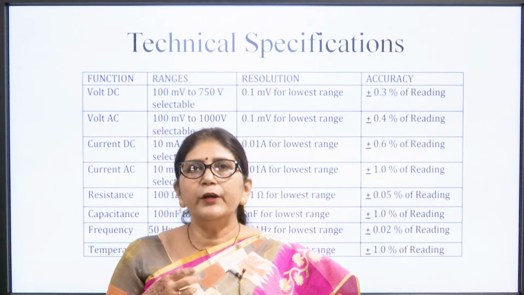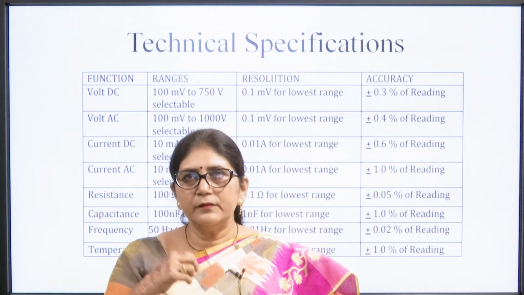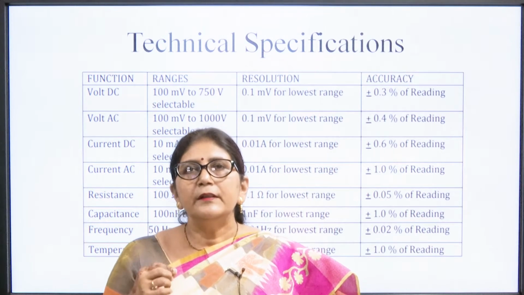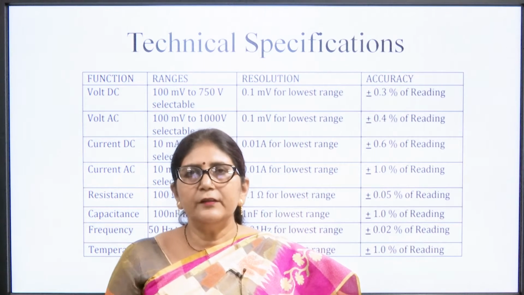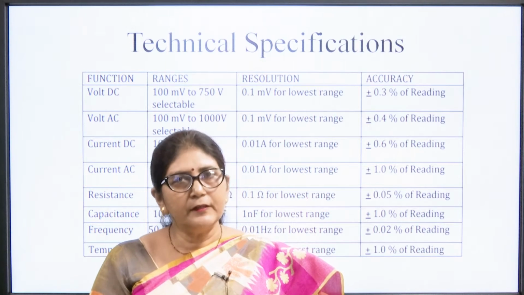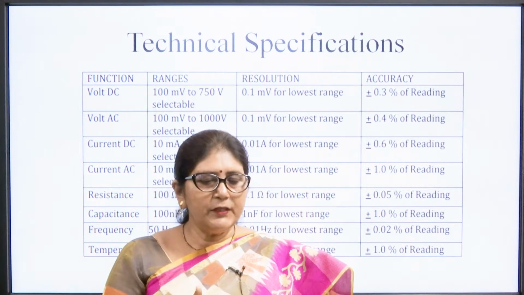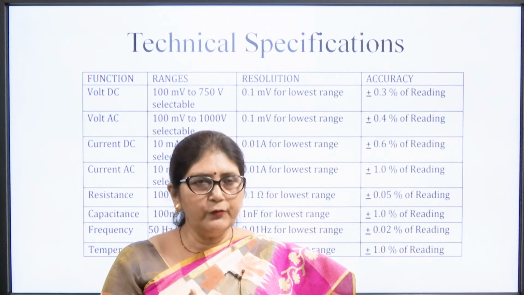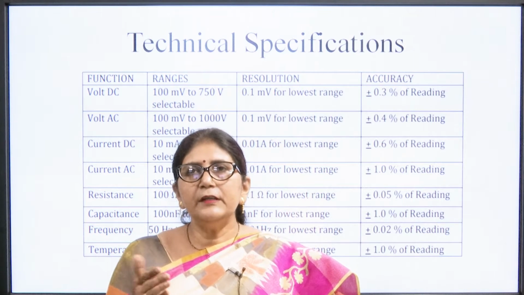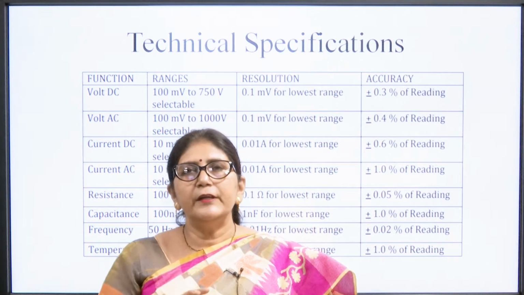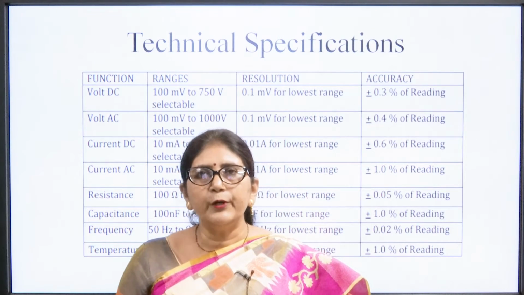So we can measure 0.1 millivolt from this particular instrument. Then accuracy is plus minus 0.3% of the reading. Accuracy means how close our value is to the true value. So there may be a tolerance, or we can say an error, of plus minus 0.3% of the reading.